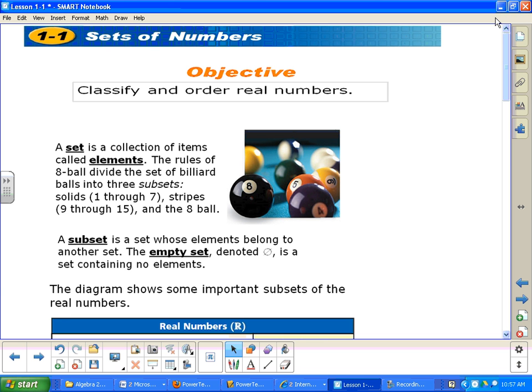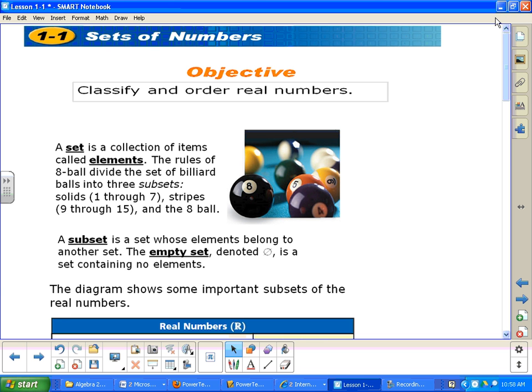Okay. So how many of you play pool? All right, so on a standard pool table, there are 15 balls. There are ones that are solids, like blue, orange, green, that are the numbers 1 through 7. There's the 8 ball, which is black, so that's kind of a solid.